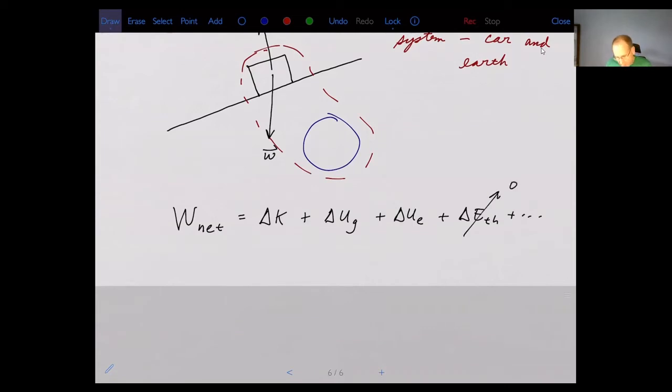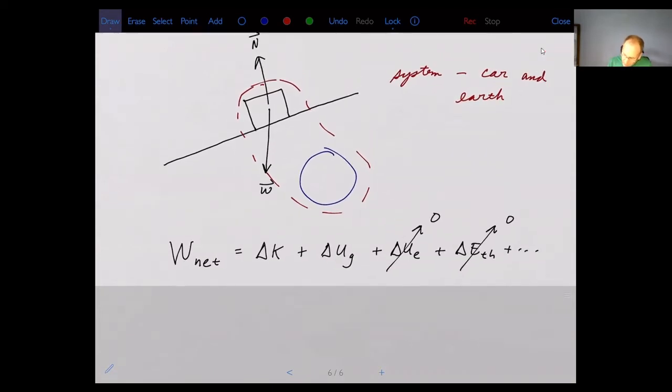We're assuming there is a spring that's used to launch the cart, but once it leaves the spring, there's no more energy due to the spring, so we're not going to consider that. So we assume that is 0. But because it's going up an incline, it's changing its height, and for our system, we're including both the car and the earth, then I do have a change in potential energy, okay? And it's related to the work done by the weight vector.